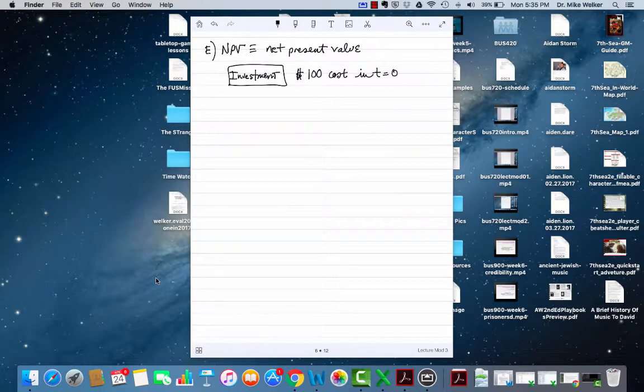Let's say it pays off with certainty, so it's a riskless project. It pays with certainty in time period T1 the amount of $125.